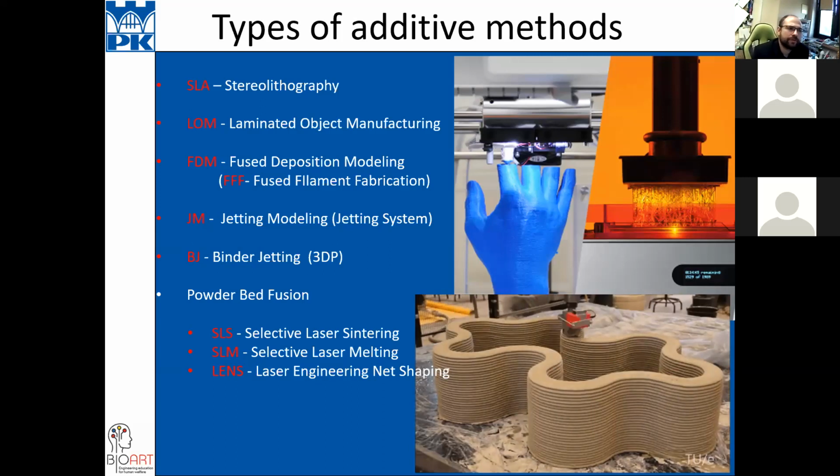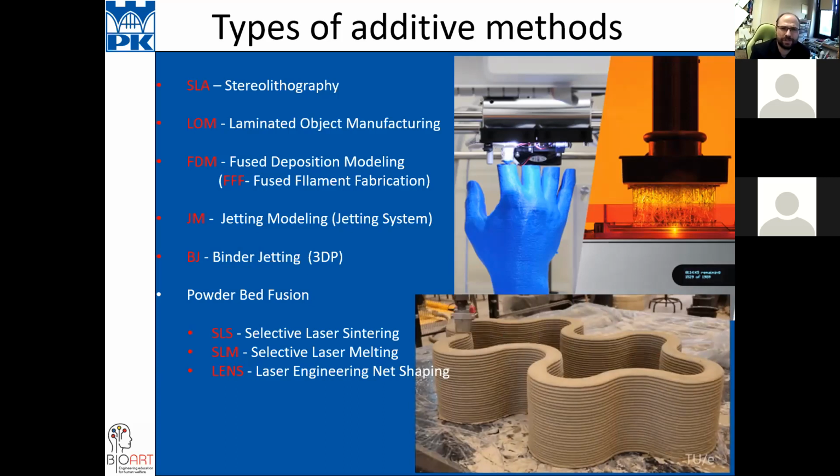Of course, we also have material jetting and binder jetting. We also have a whole bunch of powder bed fusion techniques, but these techniques cost a lot because we need very expensive machines.